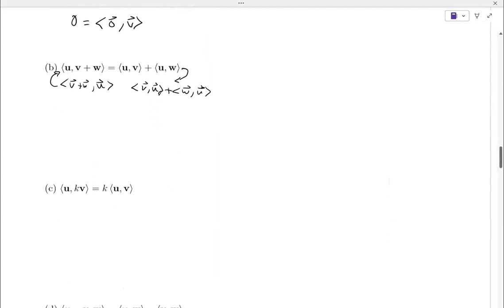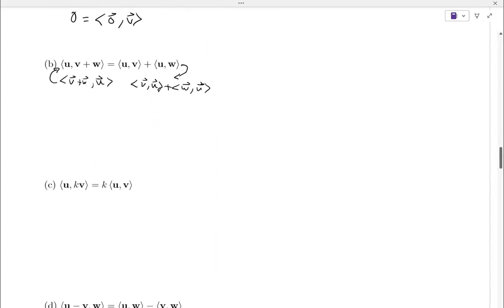And then for part C again, I wrote it as part of the axiom, but I told you we didn't have to write it as part of the axiom because, again, what are you going to use to prove this? It's the commutativity part, right? Flip around your K, V, and U. Put the K in the first component. Take the K out according to the axiom, and then flip it back around for the commutativity.